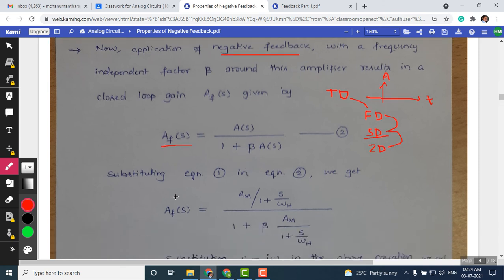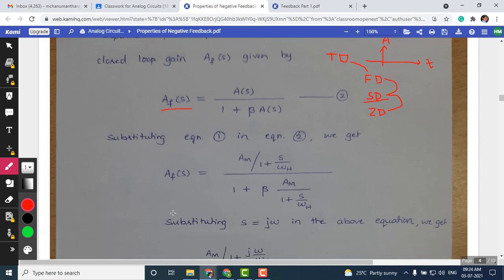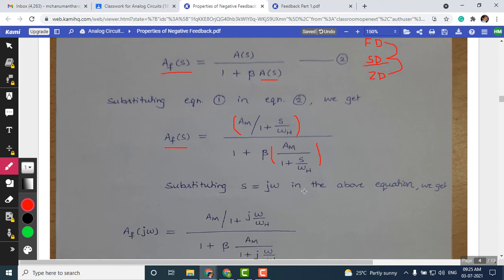AFS, the gain with feedback in the S domain, is kept as it is, and in place of the basic amplifier gain AS, we now use just a high pass frequency response: AM divided by 1 plus S divided by omega h, and here also we have AS. We can substitute the same equation: AM divided by 1 plus S by omega h.